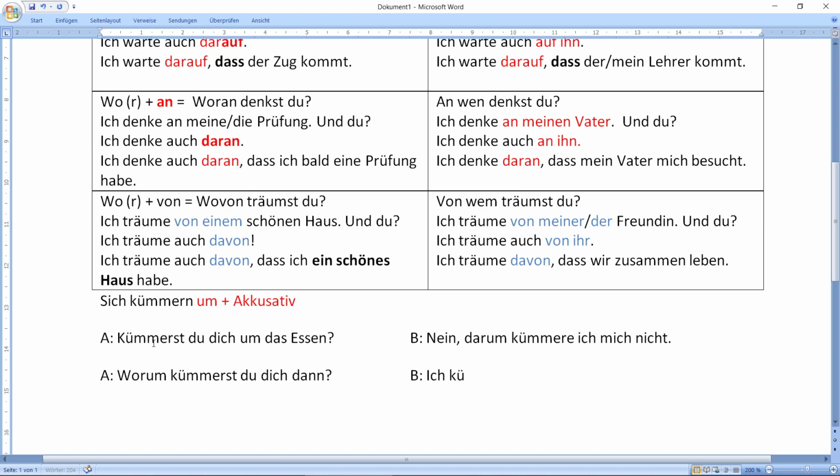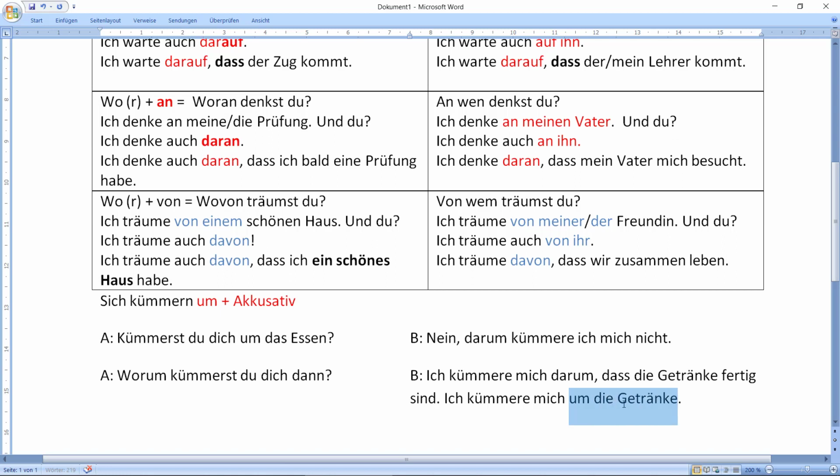Ich kümmere mich darum, dass die Getränke fertig sind. That the drinks are ready. Ich kümmere mich darum, dass die Getränke fertig sind. Or ich kümmere mich um die Getränke. That's the second one we can. It is shorter, um die Getränke. Akkusativ. That is not Akkusativ, that is Nominativ.